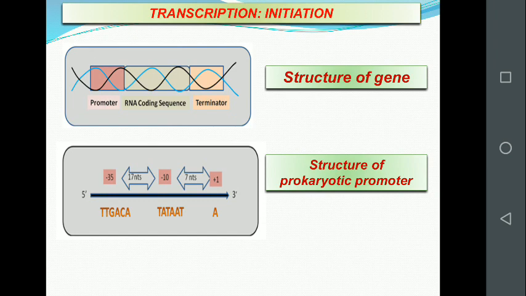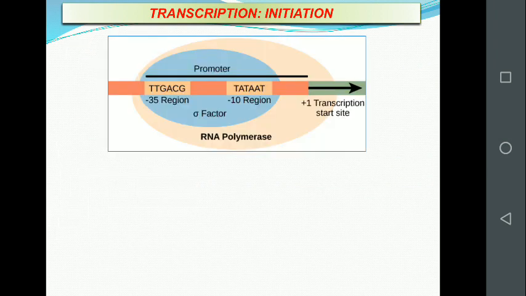The first nucleotide of the coding sequence is denoted as +1, and in most cases that first nucleotide will be A. Here this is the RNA polymerase, and the sigma factor, shown in blue color, binds to the promoter site at the -10 and -35 regions.